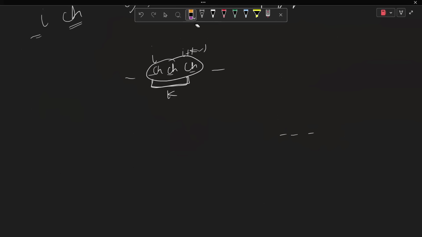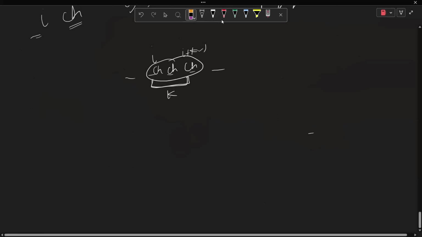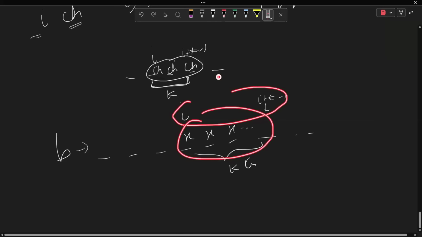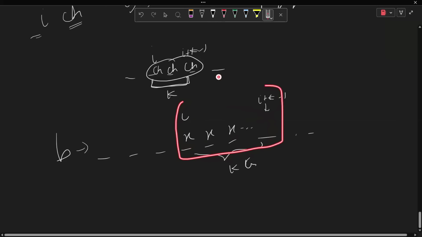This is a general string B. In a general string B, at some index I, there is some character X occurring K times, so from index I up to I plus K minus 1 there is the same character X. This would be my last operation.